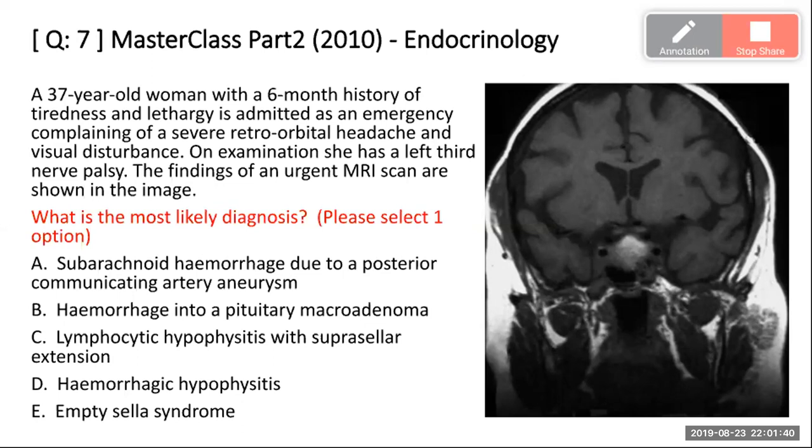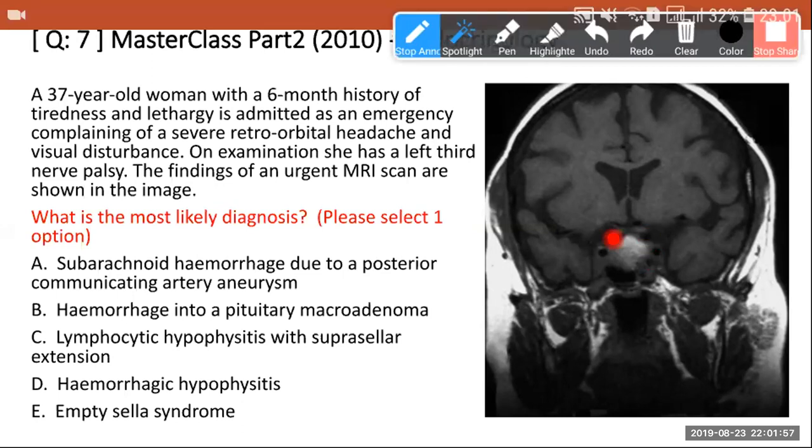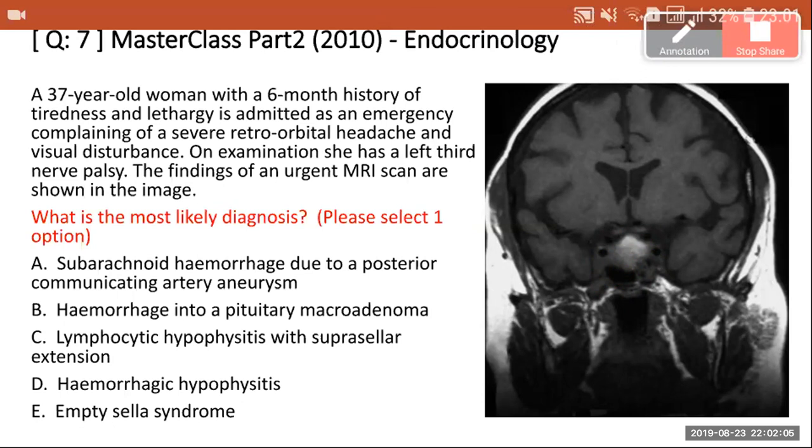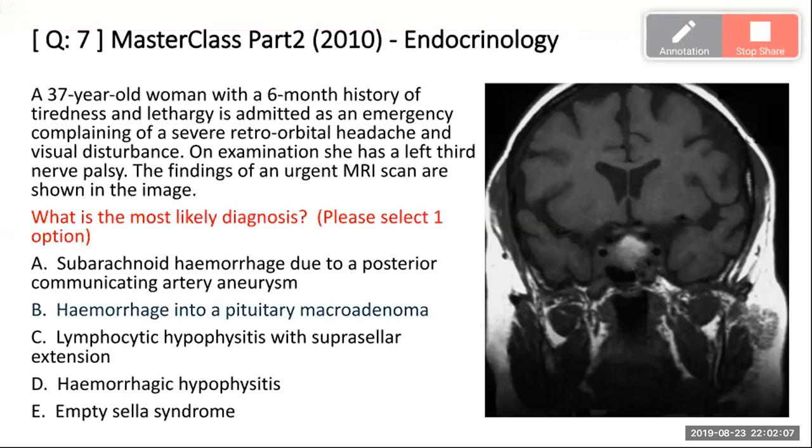There is no gadolinium in this image, and this clinical scenario does not fit lymphocytic hypophysitis. Here we see the pituitary gland enlarged, with a hemorrhage inside it. So it is hemorrhage into a pituitary macroadenoma.